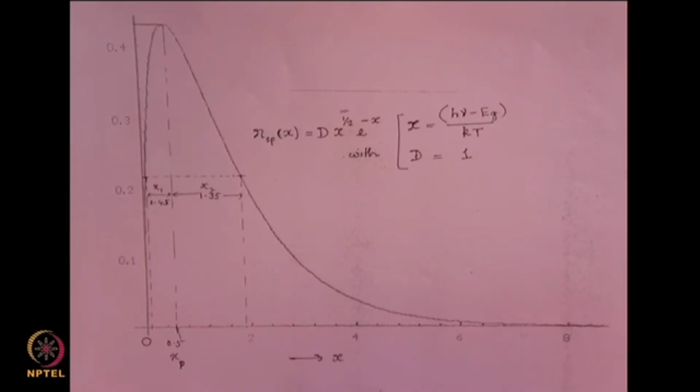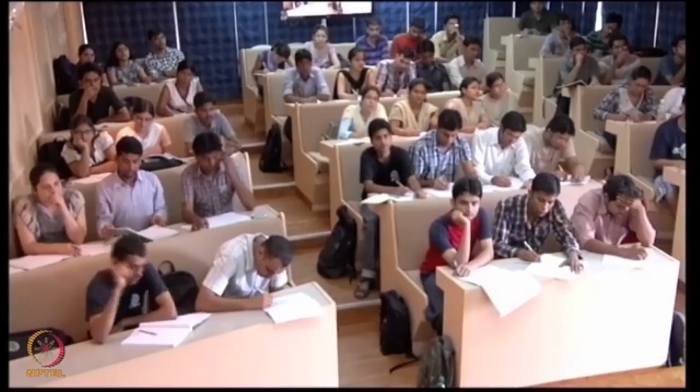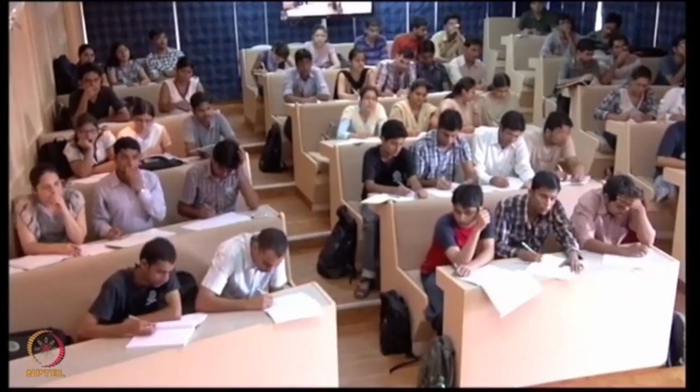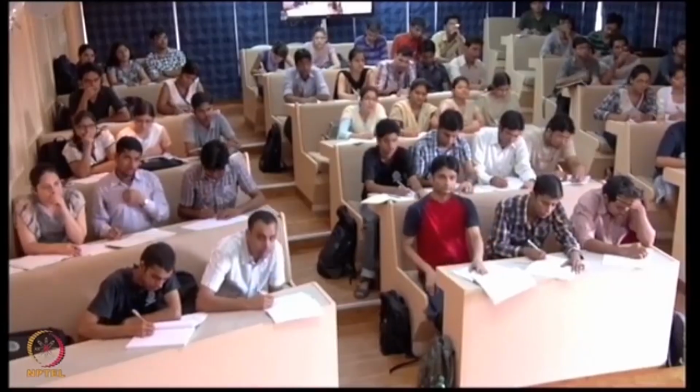So, today I will start with the rates of stimulated emission and absorption. Please try to do this exercise and put some numbers and see what is the line width that you get.